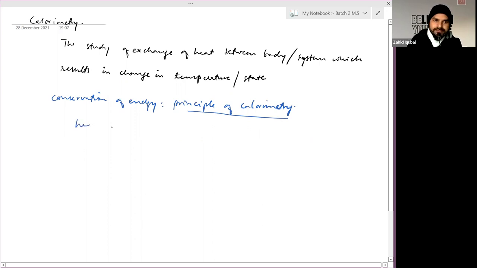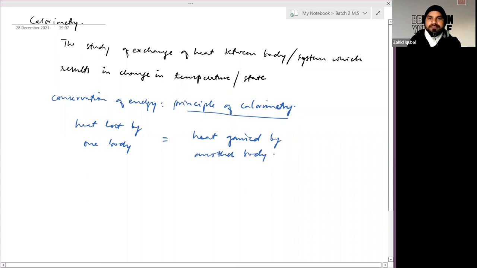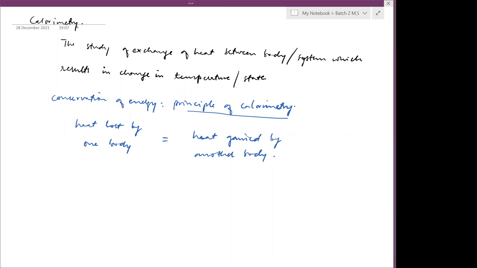So heat lost by one body must equal heat gained by another body. Aisha, is it clear? Yes, sir.